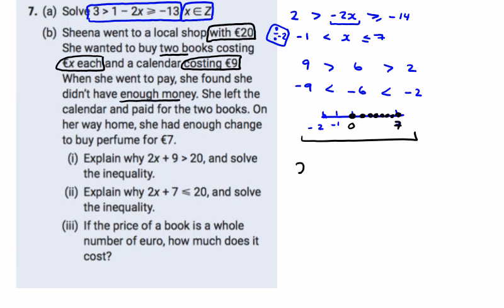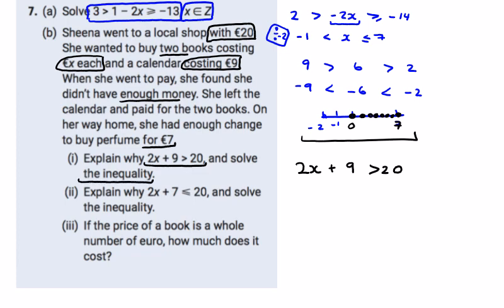So 2 books, if they're a tenner each, that's 20, plus the €9 was greater than the €20 she brought. So this is the inequality we could create. She left the calendar and paid for the 2 books. On her way home, she had enough change to buy perfume for €7. Explain why 2x plus 9 greater than 20, and solve the inequality.